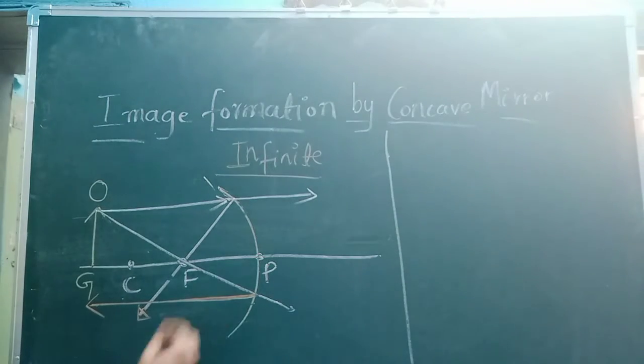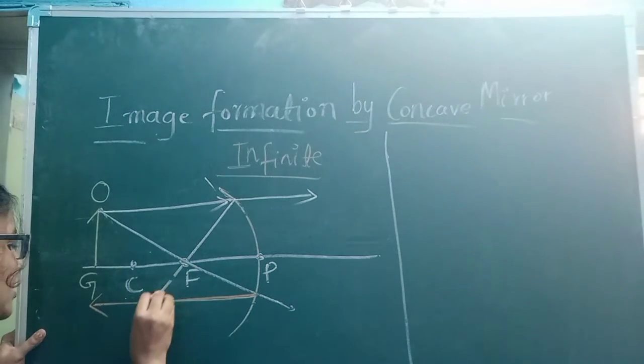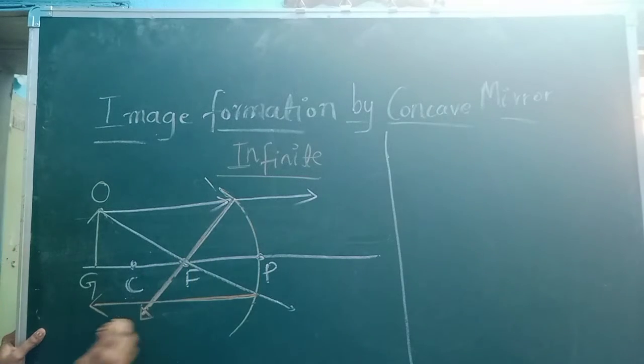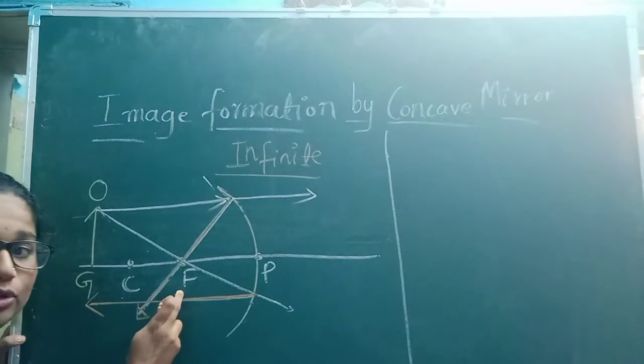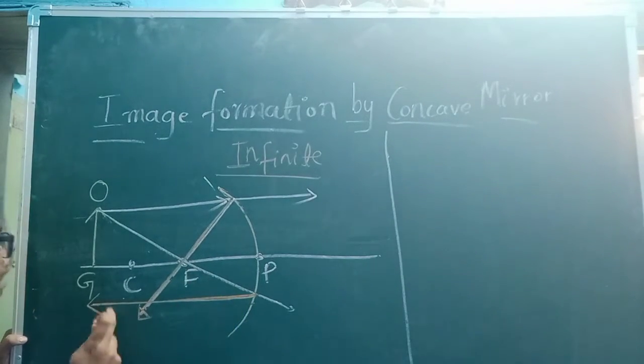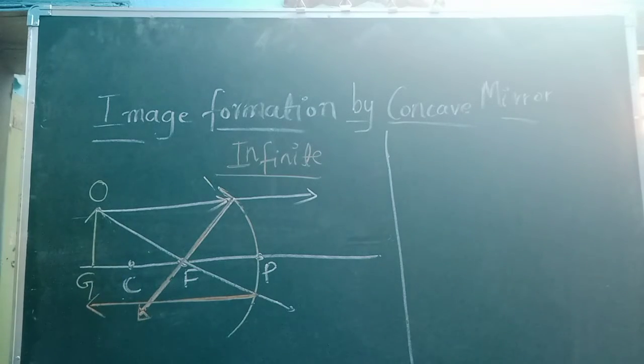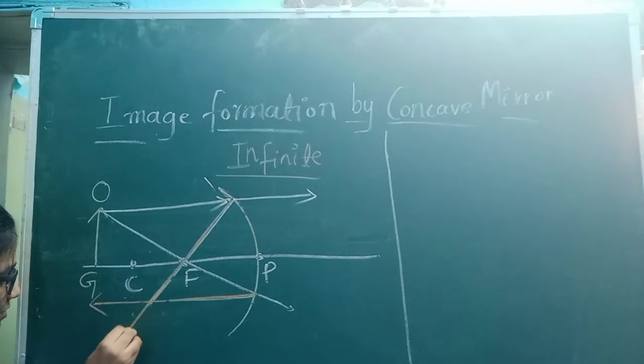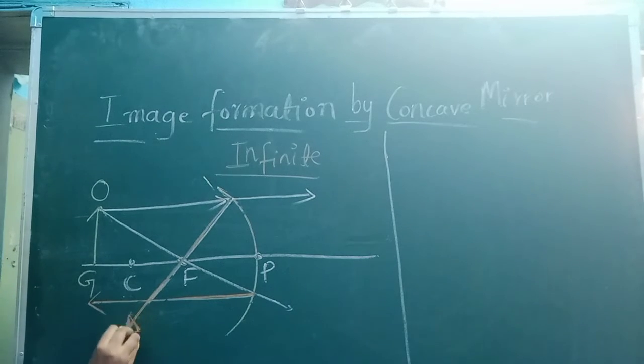So these are the two reflected rays. One is reflected via the focus, and one is reflected parallel to the principal axis. Let me just extend them so that we can see clearly.